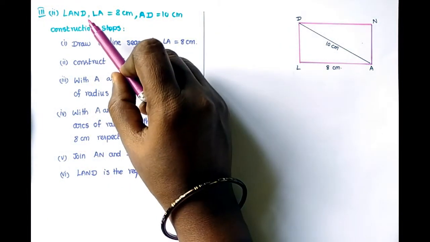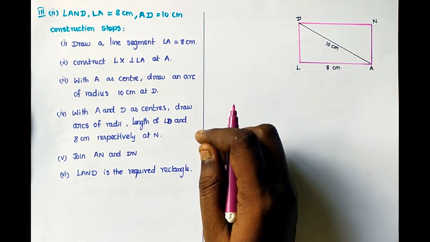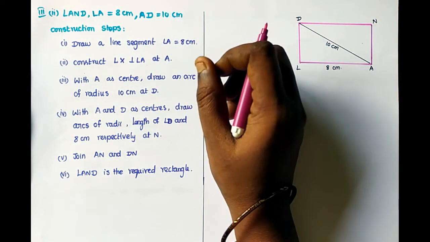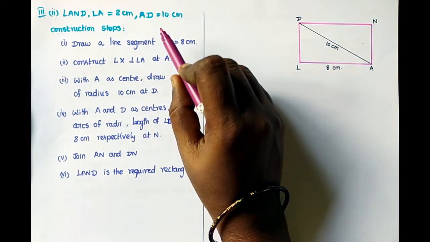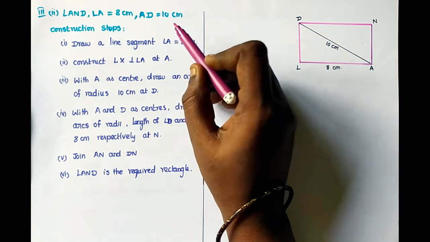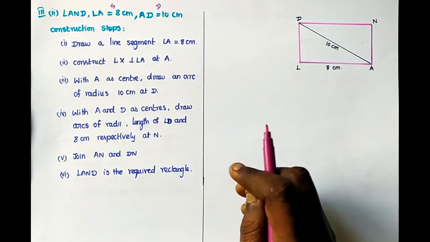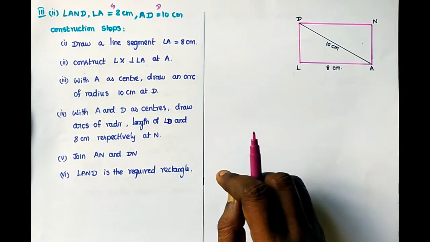Third Roman number, second subdivision, LAND. LA equal to 8 centimeter, that is continuous letter. AD, that is alternative letter, so that is a diagonal. One side and one diagonal they have given.